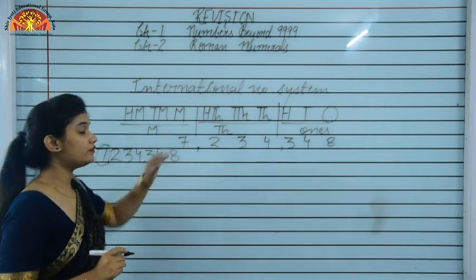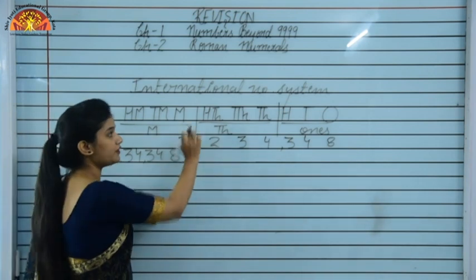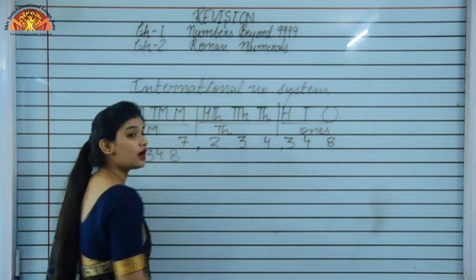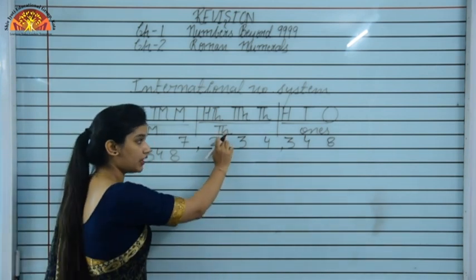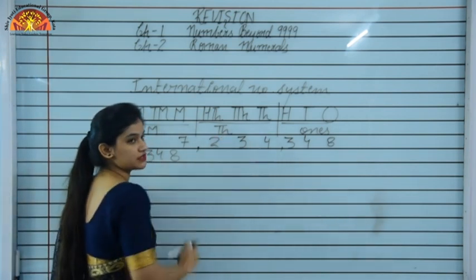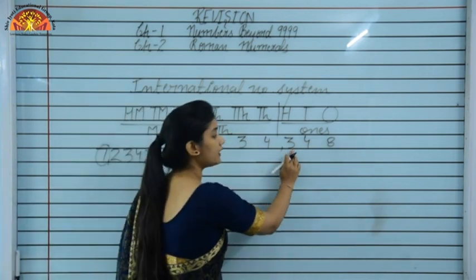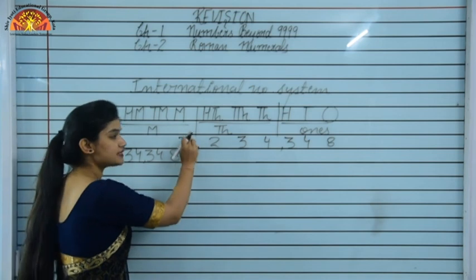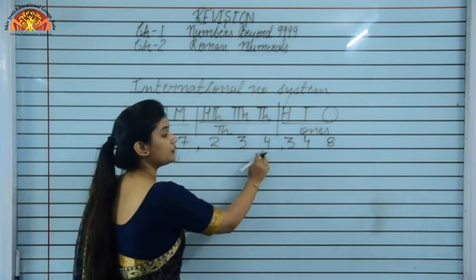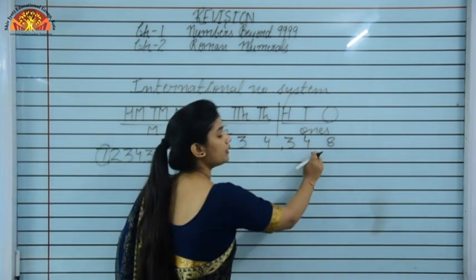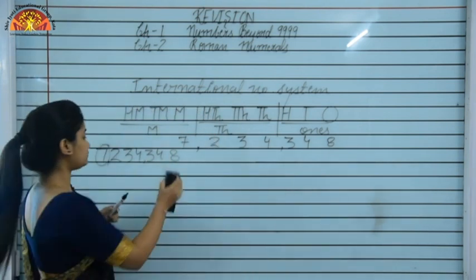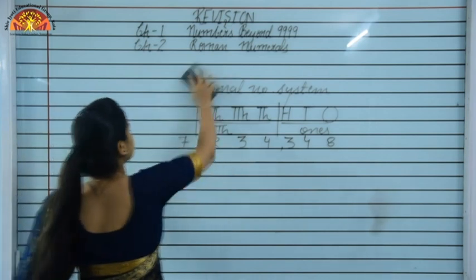Understood? Now how will we read this number? 7,234,000. 234,000. Understood? Then 348. So the number is 7,234,348. Understood, students? So now we'll take the next topic.